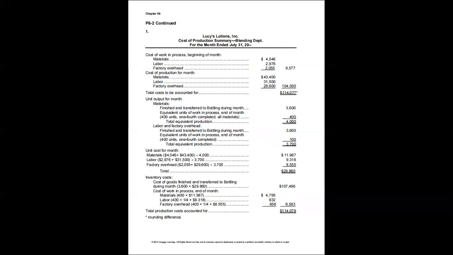So the total cost to be accounted for of 114,077 is now accounted for, but only with a rounding difference. The accounted for is 114,079, giving a difference of $2.